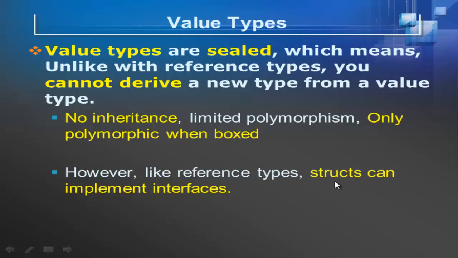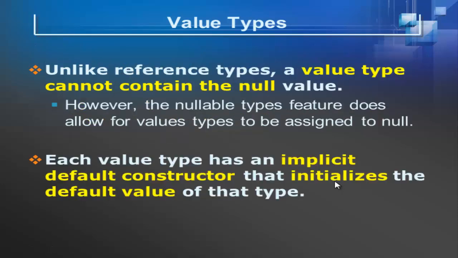In fact, structures have their own constructors. There is a default constructor associated with a structure. This is slightly different from your old programming language, C. Also, a structure can implement an interface. A bit confusing, but it is possible.